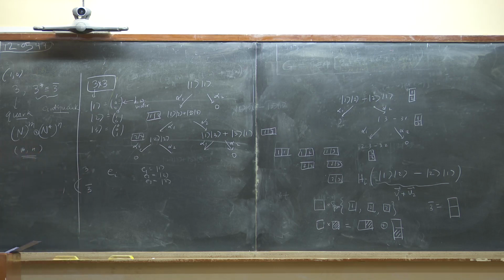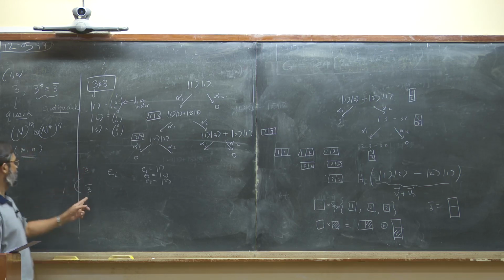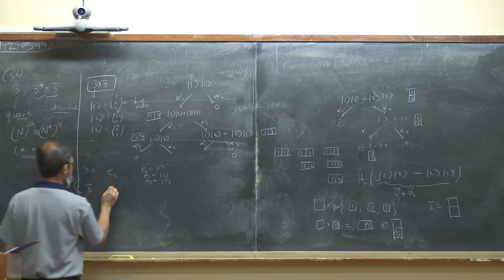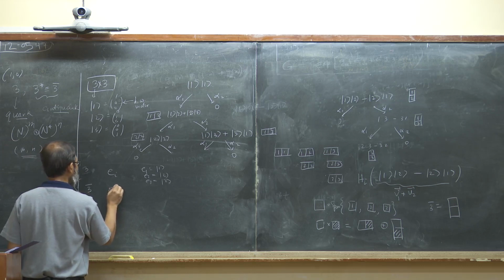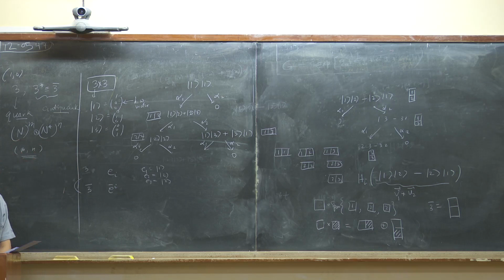Imagine that this 3 is a boldface 3. I can't write boldface, so this is boldface 3 and this is boldface 3 bar. This is a complex conjugate representation, and I will call these basis vectors E bar I.